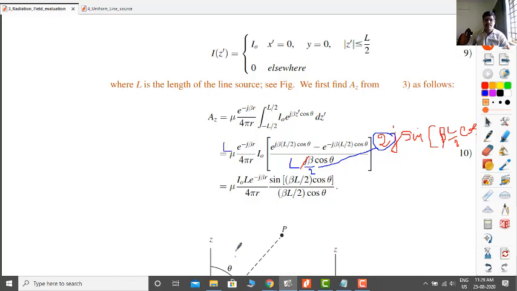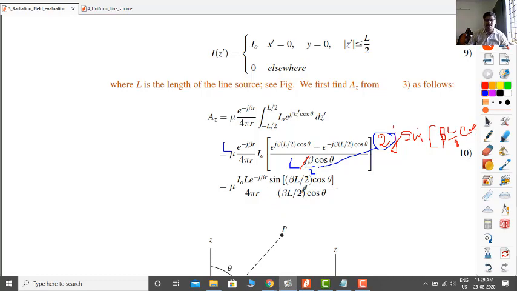Now it will become mu L I0 e raised to minus j beta r by 4 pi r, times sin of beta L by 2 cos theta divided by beta L by 2 cos theta. This form we will be getting. Why do we have to write this form?